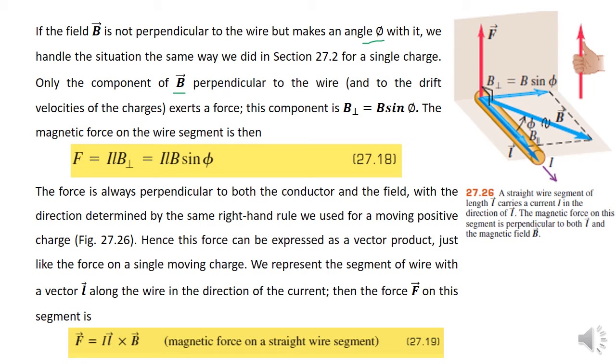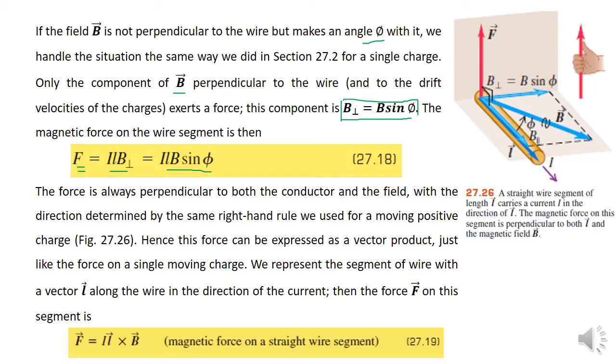That will cause the force on the conductor, which is B sine phi. If the magnetic field and the conductor are not at a right angle, the total force on the conductor will be IL times the perpendicular component of the magnetic field, which is ILB sine phi. And remember, this force will always be perpendicular to both the conductor and the magnetic field.